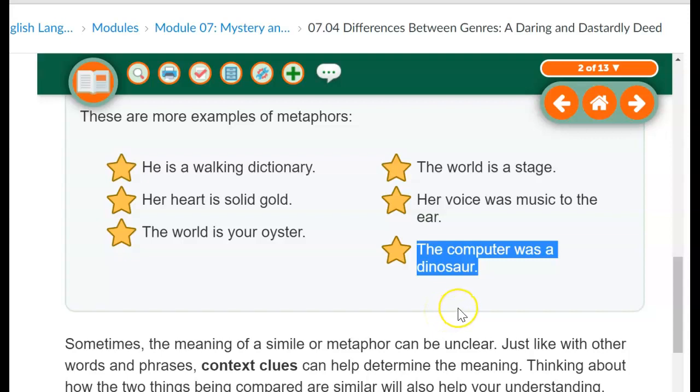It's not like an actual dinosaur, but it seems like it has a picture of one. Okay, maybe. What do we know about dinosaurs? Are they still alive today? Nope. Salvador, what do we know? They are extinct.